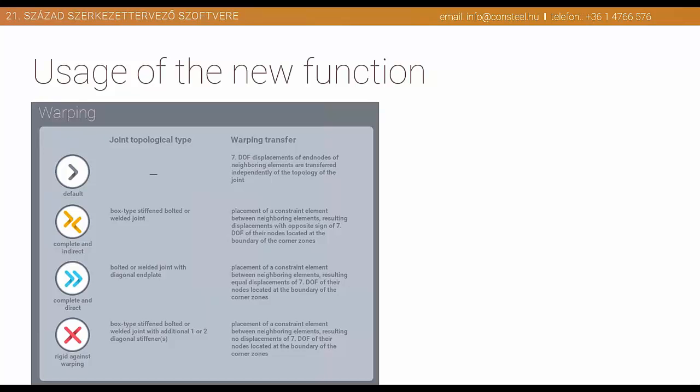For the first 3, this additional information is known, and it is enforced through constraints between the connecting elements, resulting in displacement similar to what can be obtained with shell elements.